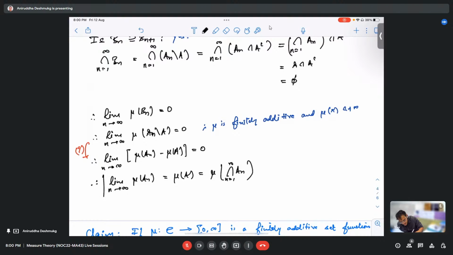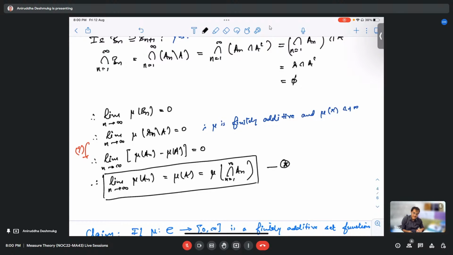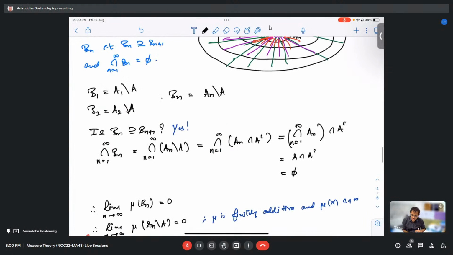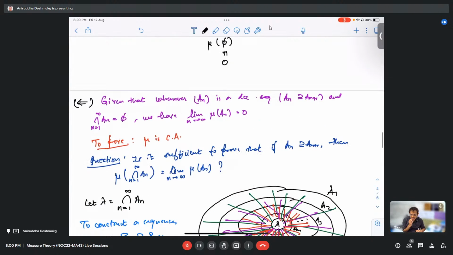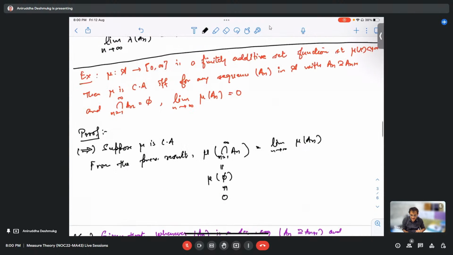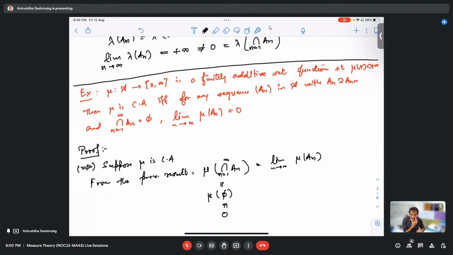And this is what we wanted to prove. So continuity, when given that mu of X is finite, is the same as saying that whenever a decreasing sequence goes to the empty set, the corresponding mu of A_n go to 0.